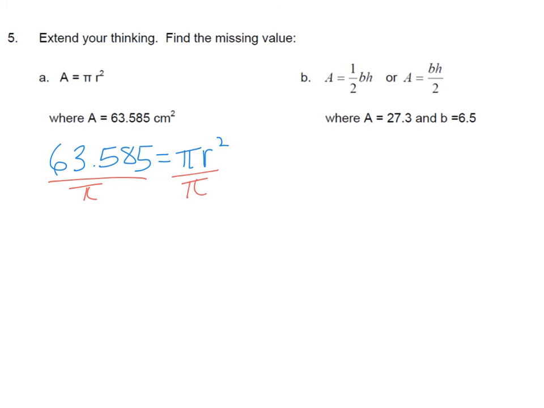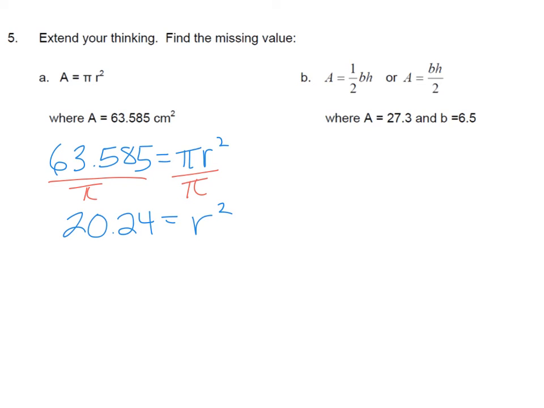And like in the previous example, I'm going to actually use the pi symbol on my calculator instead of 3.14, so my answer can be more accurate. And the answer I get is 20.24. And pi divided by pi is just going to be 1, so I'm left with r squared.